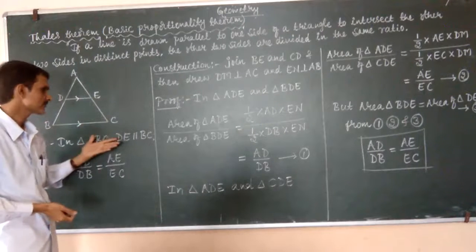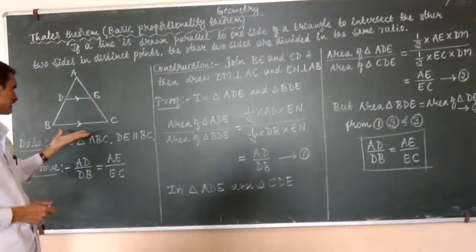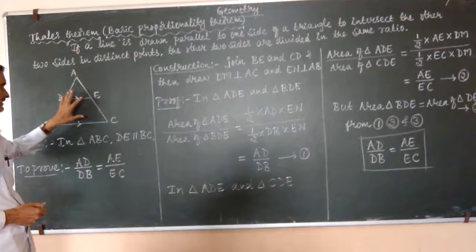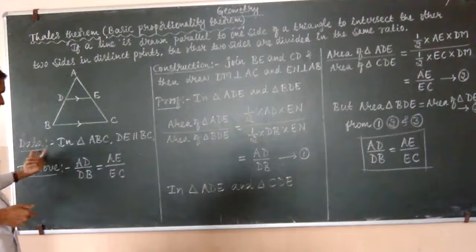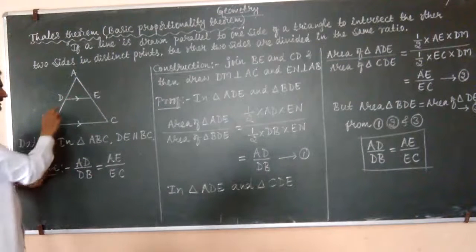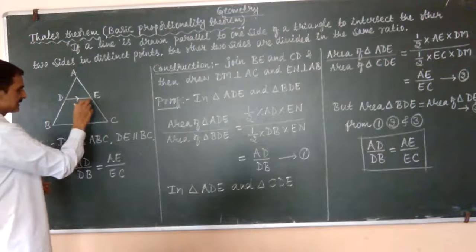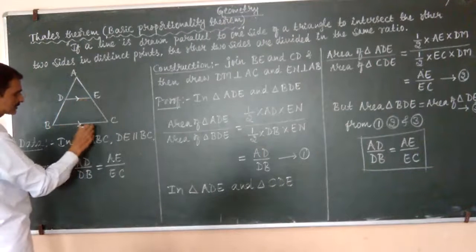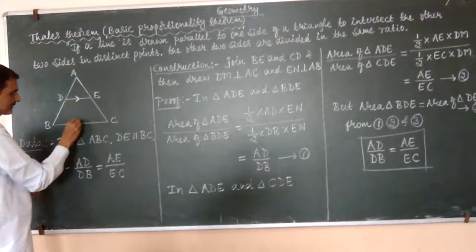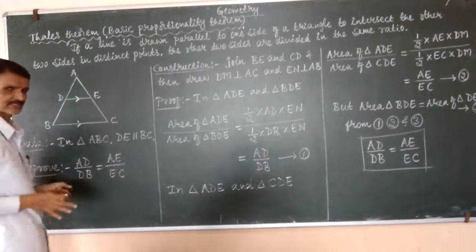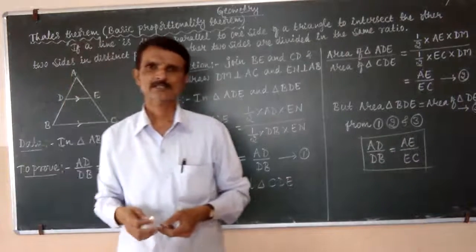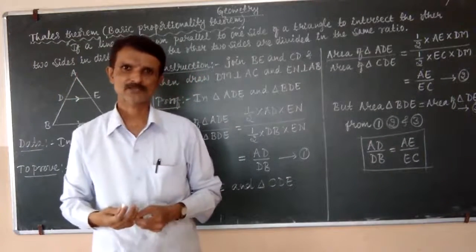Now we will write the data. This is the given triangle. The data is: in triangle ABC, DE is a line drawn parallel to BC. The arrow marks indicate that they are parallel lines. You are already familiar with parallel lines.